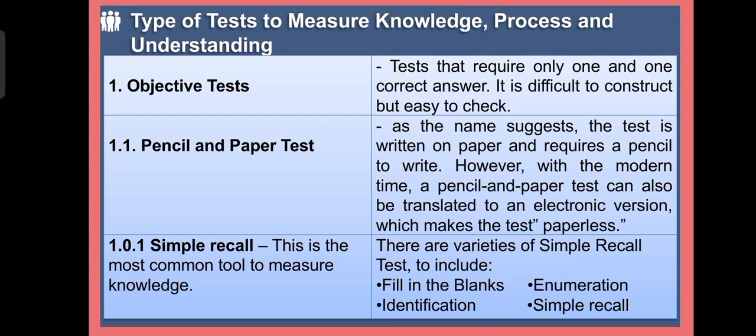Lastly, simple recall means simply remembering information without any prompts. Overall, these different types of simple recall tests can help measure someone's knowledge on a particular subject by testing their ability to remember important details and concepts related to it.